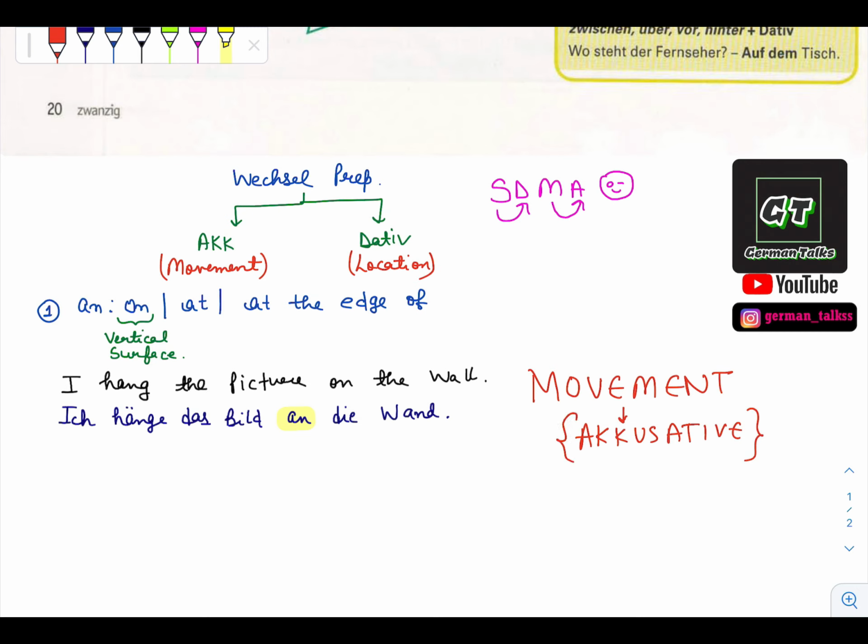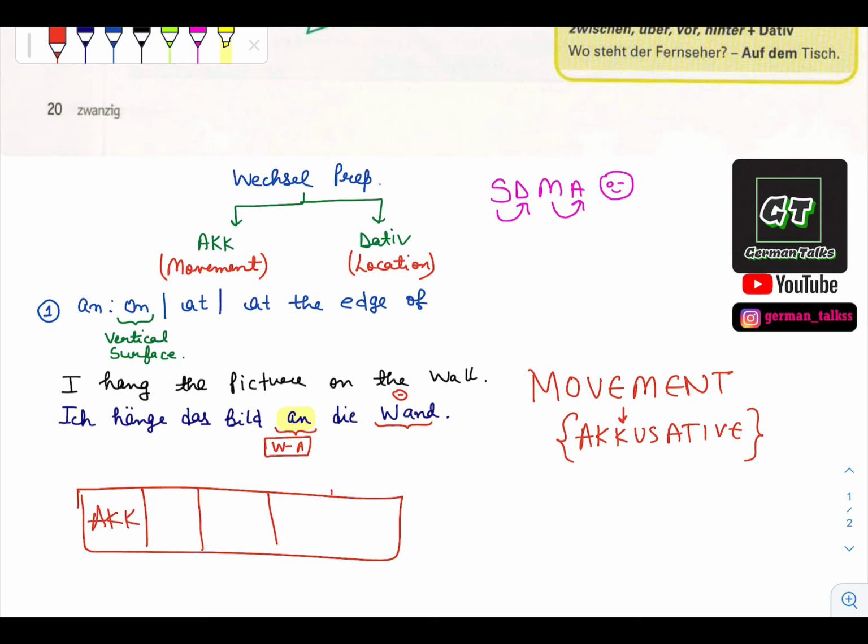So this is a Wechsel preposition and it comes with accusative. One thing is clear, which I told you in the table. Now accusative is clear. The article Wand takes feminine. So according to our table, what will come?